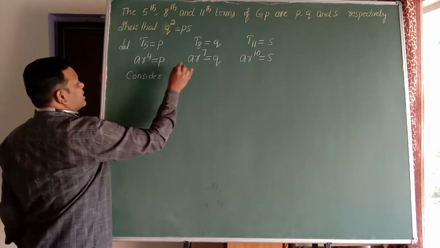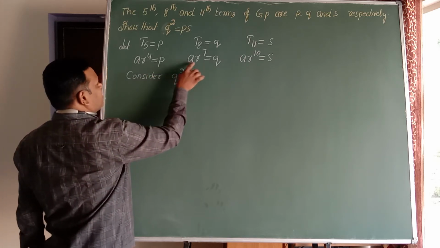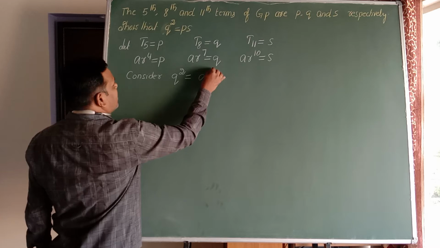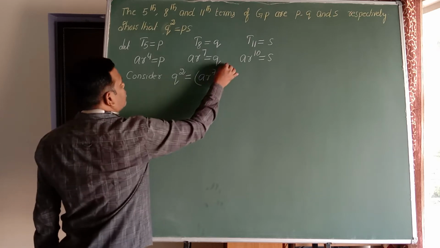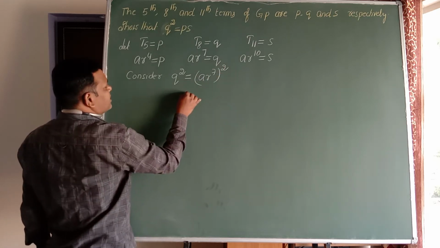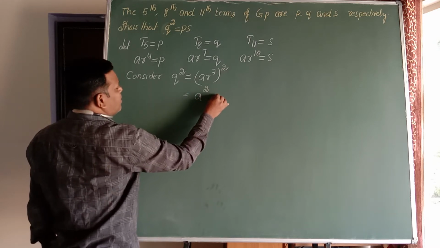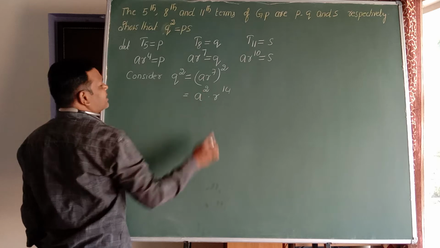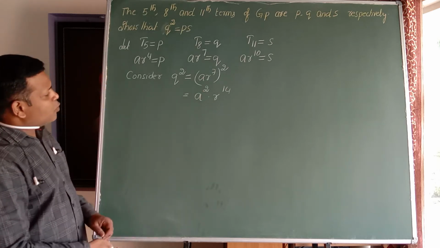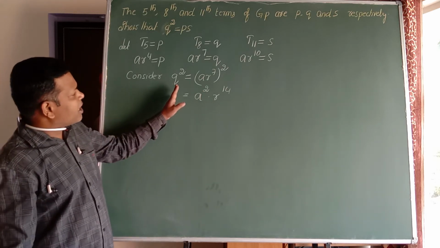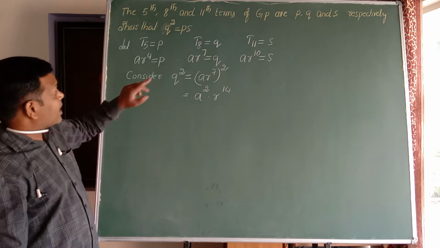What is Q square? Q is nothing but A R power 7. We have to whole square it. What happens here? A power 2 into R power 14. Just raise the power 2. Now we have to show that Q square is equal to P into S. What is P?